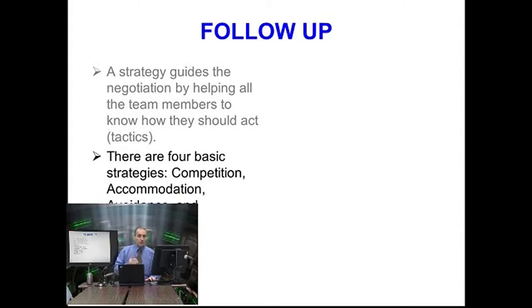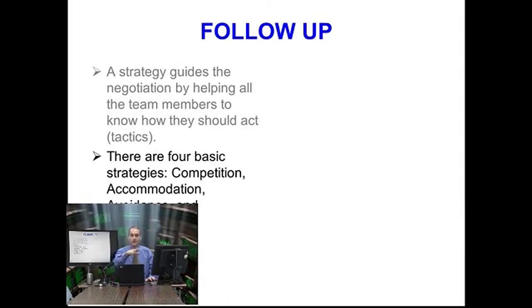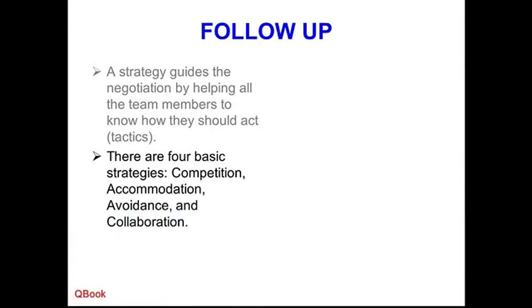You also need your strategy so you know what to say, how to act, what time to show up, how to use your body language, what information to offer. Those are all related to tactics. So let's go back here for a second. Look at this slide. There are 4 basic strategies: competition, accommodation, avoidance, collaboration.